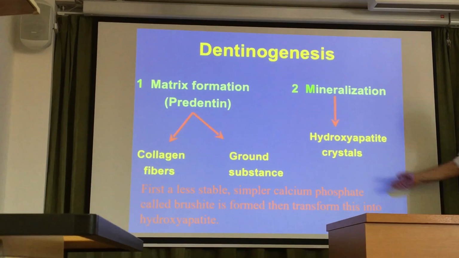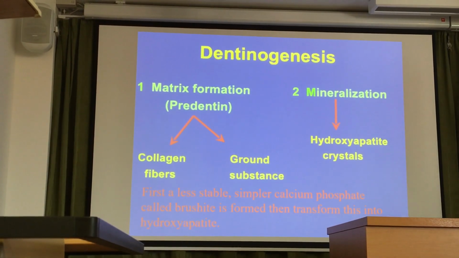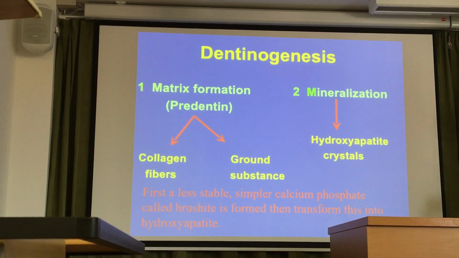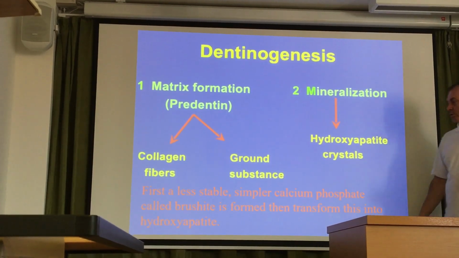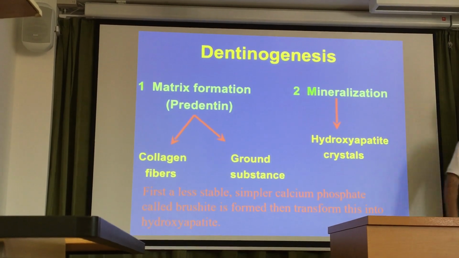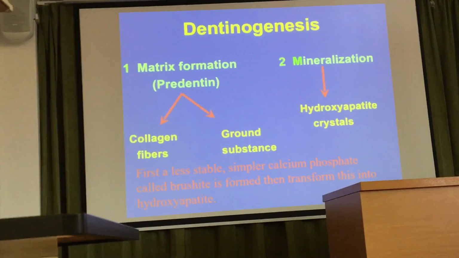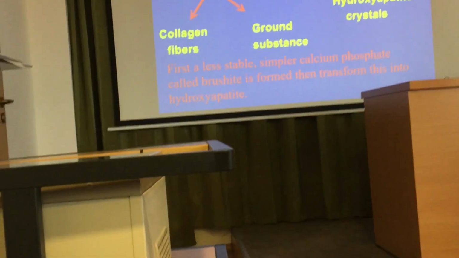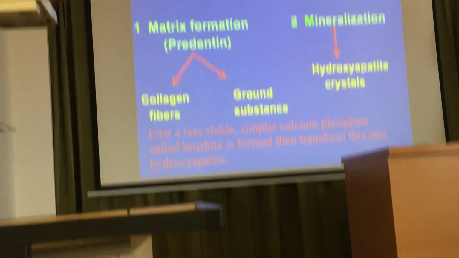And I have mentioned earlier that first brushite, for example, is formed, less organized calcium phosphate crystals, and later well-developed hydroxyapatite is forming. So this is the normal way of mineralization in the dentin.